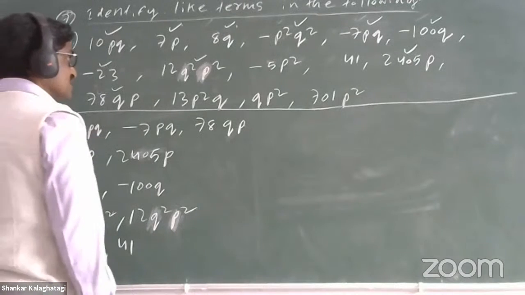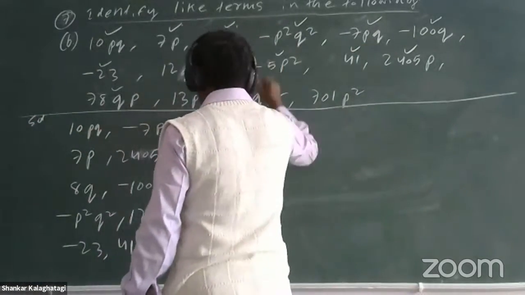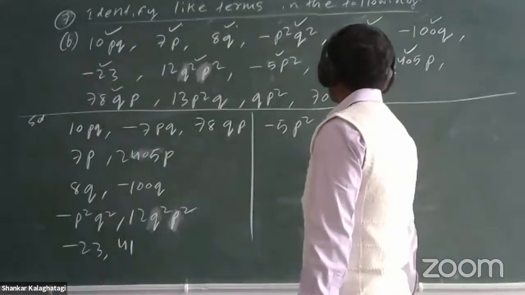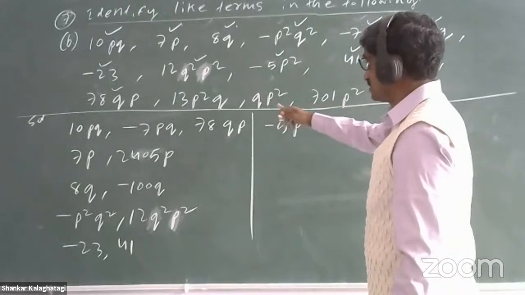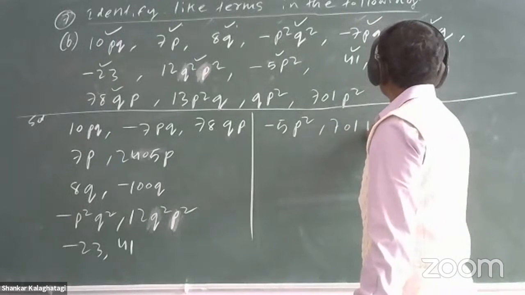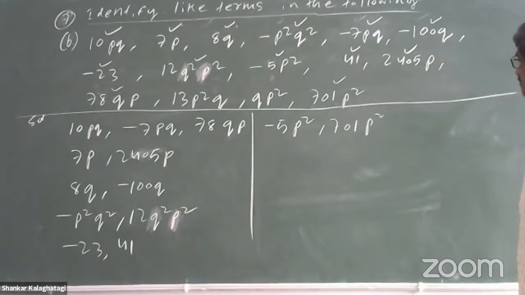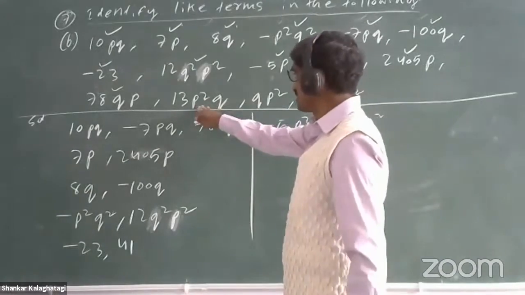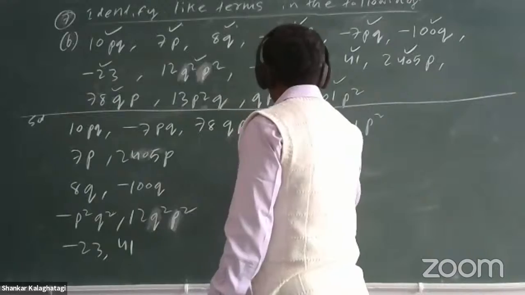Next, minus 5 P square. This one, minus 5 P square, 701 P square, here it is, 1P square. Next, over, sir? Some more here. Another 2 is there, sir. 13P square, QP square.